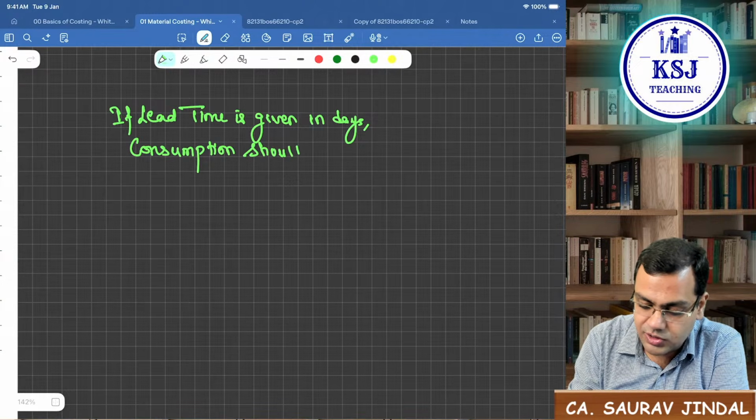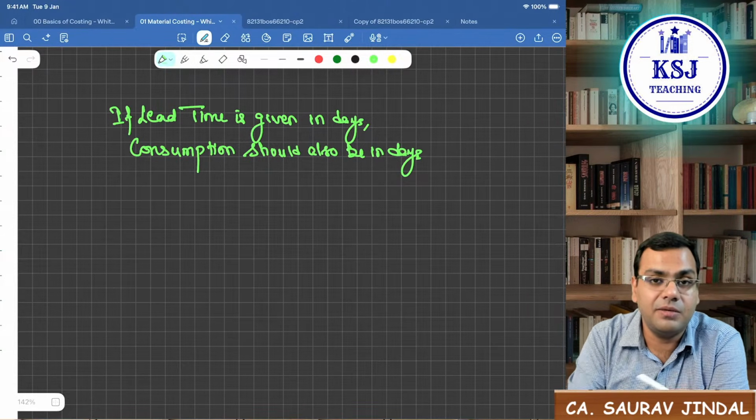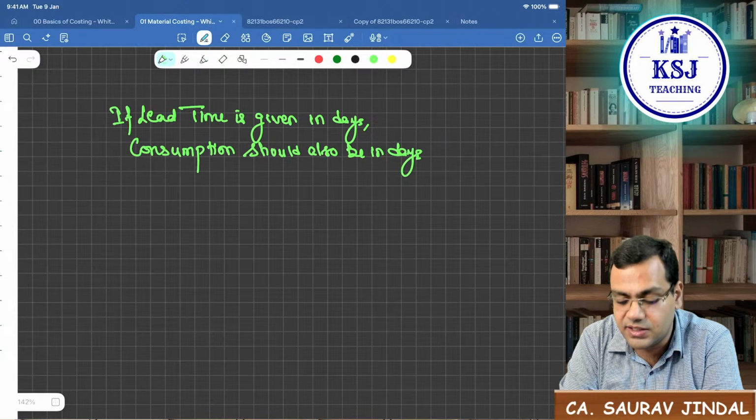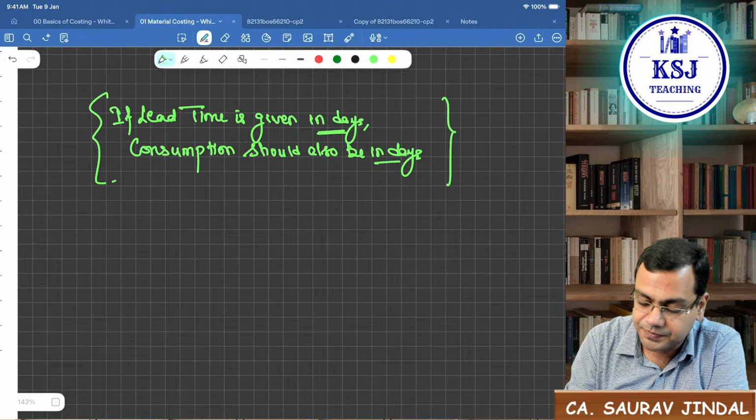If your lead time is in weeks, your consumption should be in weeks. If your lead time is in months, your consumption will be in months. So both should be in the same time period.